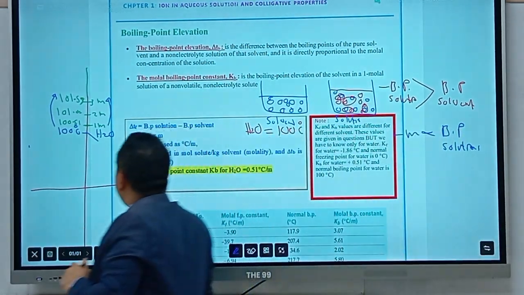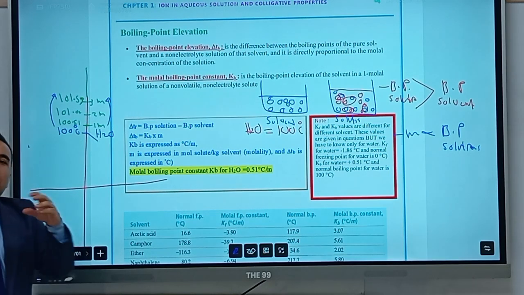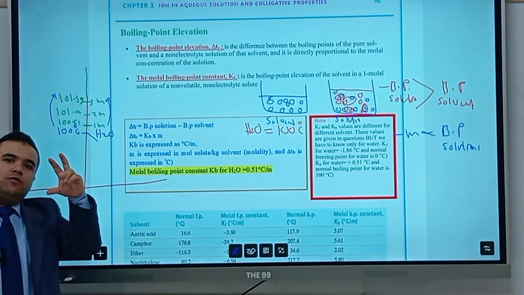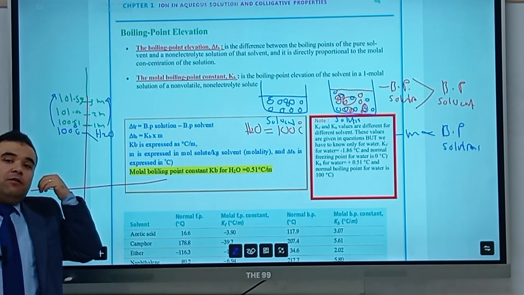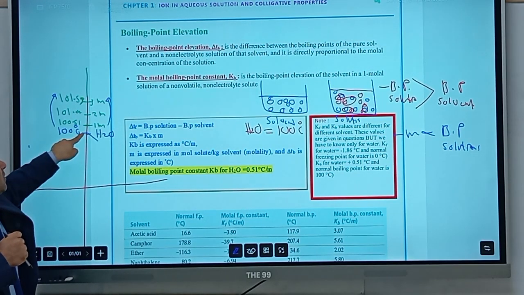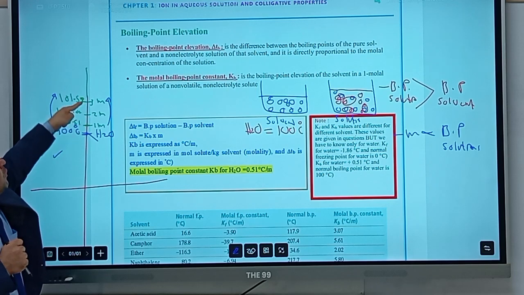We have a term related to the boiling point, guys: the boiling point elevation. What do you mean by boiling point elevation? As we had freezing point depression, which was the difference between the freezing point of solvent and solution, the boiling point elevation is the difference in boiling point between the solvent and the solutions.